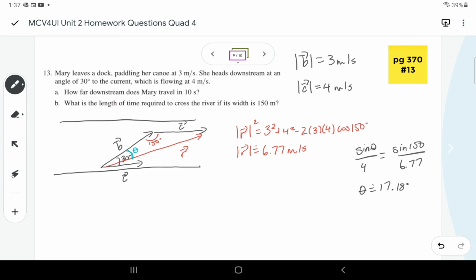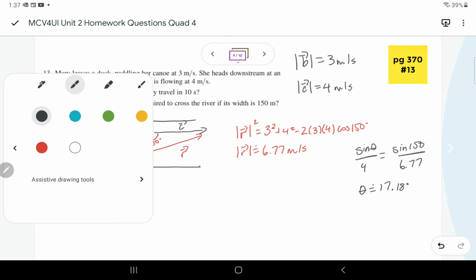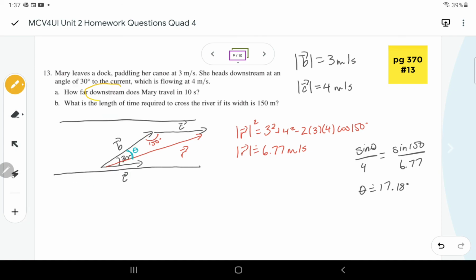So that gives me my resultant velocity, but I'm not actually even asked for my resultant velocity. What I am going to want to know is that it's asking me some things about downstream. So downstream is like this direction. And then it also asks me about getting across the river, which is like that direction.